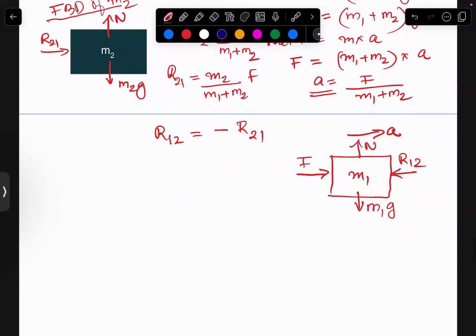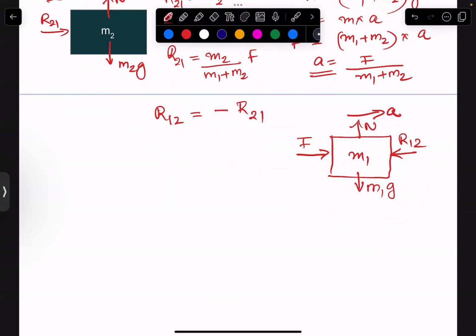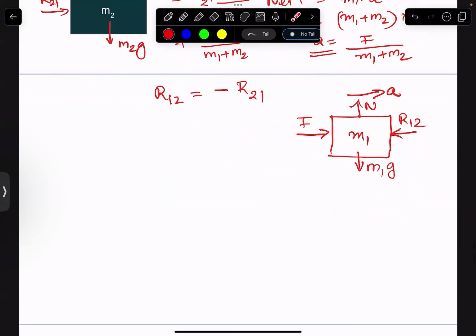Okay. Now to find R12, we know that this body is moving along the F direction, right? So this should be a larger force. So you have to take F minus R12 equal to M1 times A. That is how we consider the force and acceleration equation, right?